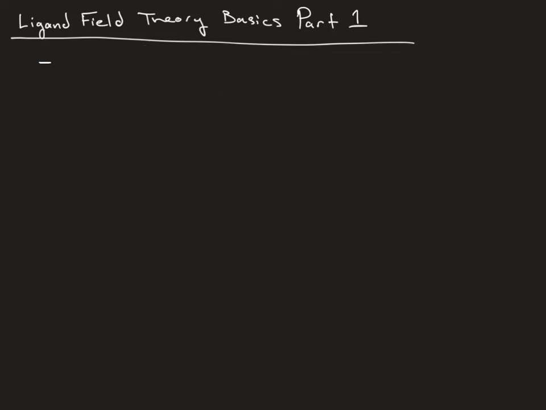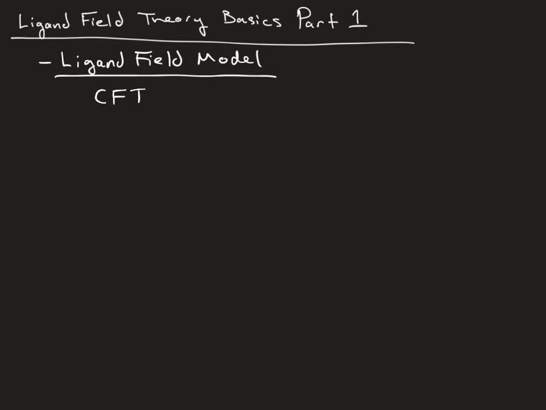A dramatic improvement can be made on the crystal field model using a so-called ligand field model. The ligand field model can be thought of as a hybridization of the crystal field theory of Bethe and Van Vleck coupled with the MO theory of Mulliken and Hund.